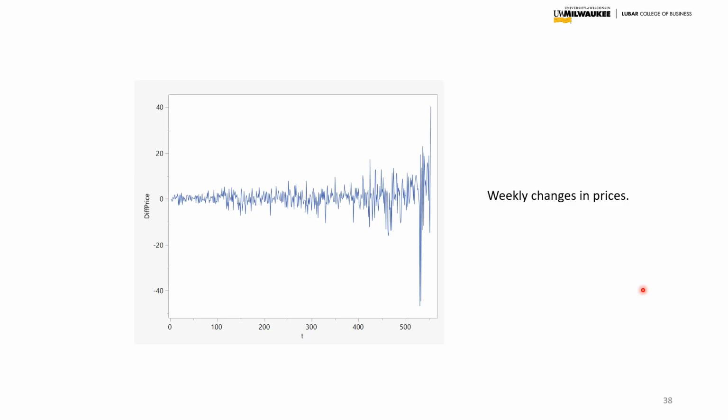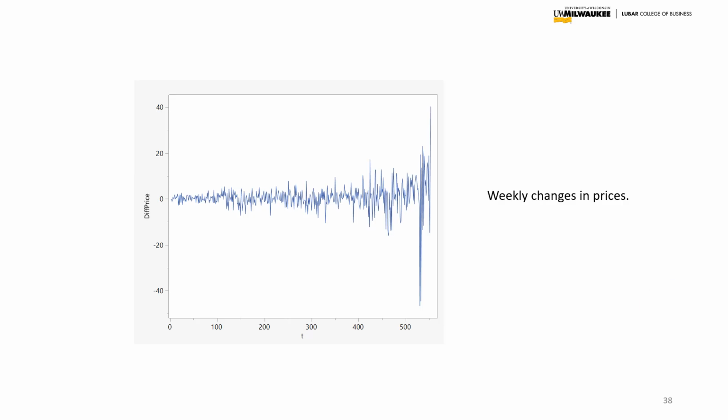What's going on here? Well, if you look at the previous slide, you'll see that Apple prices have increased greatly over that time. And it may be that the changes in prices are constant in terms of a percentage, but a percentage of a higher Apple price will be a greater swing.